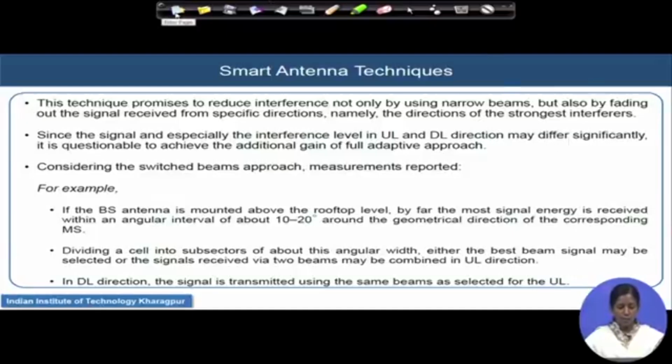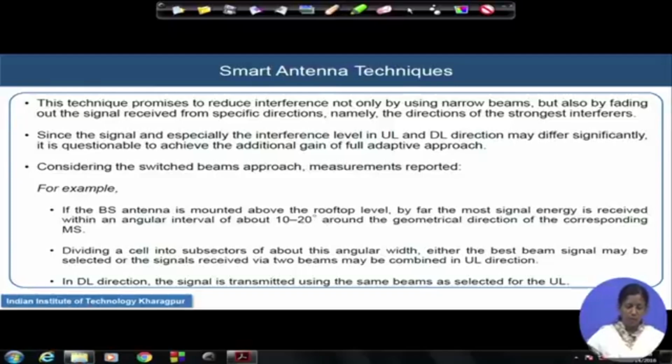But now remember, see the plus points of this technique, the smart antenna technique. It promises to reduce the interference. It is not only by using narrow beams, but also by fading out the signal received from a specific direction. So, it is as if working as a spatial filter. It is not only maximizing the signal power by focusing or pouring the maximum amount of the transmitted signal power towards a specific direction, but also fading out all the signals that are coming from the different directions.